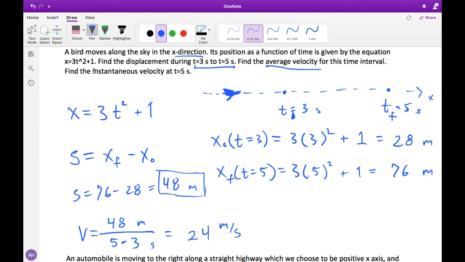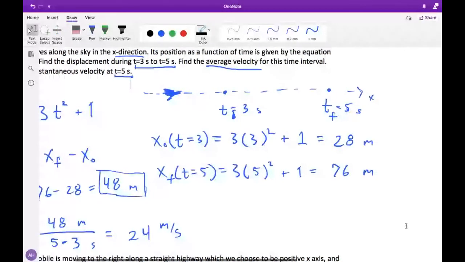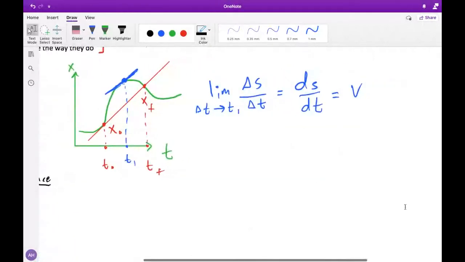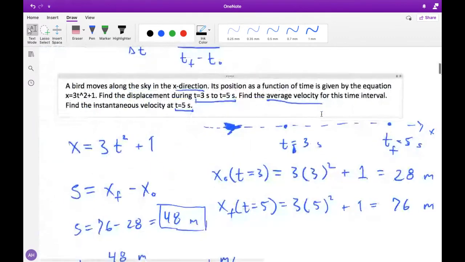And then the last part of this question says find the instantaneous velocity at 5 seconds. As I mentioned earlier, the instantaneous velocity is given by this derivative here. So basically we take the derivative of our position or our displacement with respect to time. Here we have this equation in the x direction with respect to time.